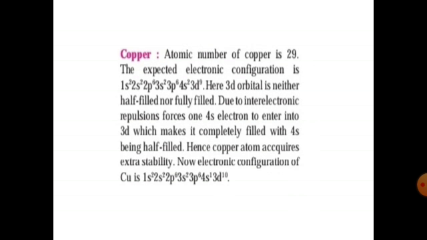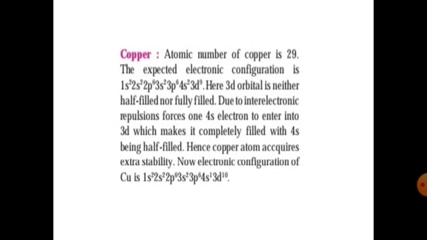The expected electronic configuration is 1s2, 2s2, 2p6, 3s2, 3p6, 4s2, 3d9. Here the 3d orbital is neither half filled nor fully filled. So due to inter-electronic repulsion forces, one electron from the 4s orbital enters the 3d orbital and makes it completely filled.